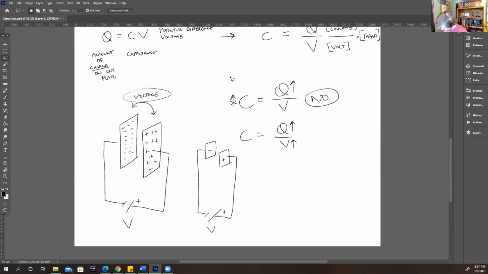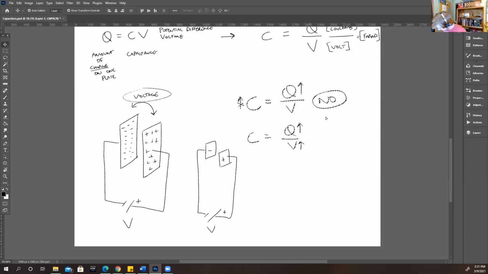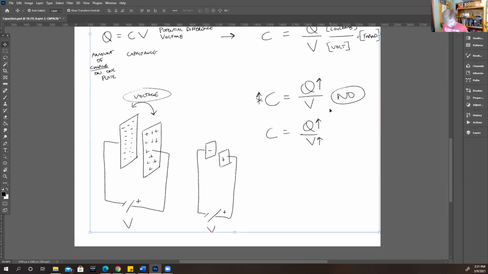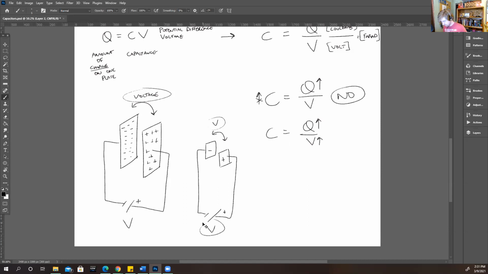Because I just said a moment ago, the voltage between the two remains the same as the battery that's provided. So there's this relationship that keeps this ratio the same. Typically, more directly, if we want to have this capacitance be different, we need to physically get a bigger capacitor.